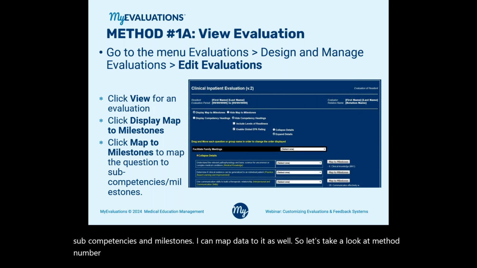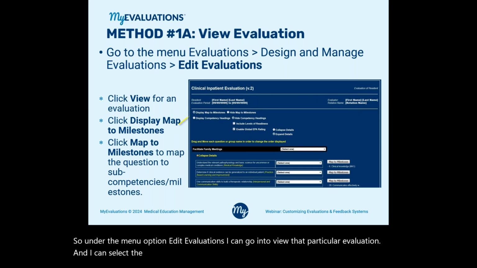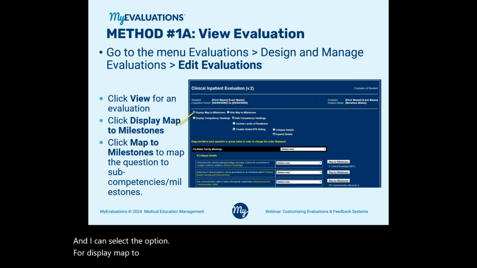I call this method 1A because there's a cousin to this as well. Under the menu option, edit evaluations, I can go into view that particular evaluation, and I can select the option for display map to milestones, and it will provide me with a map to milestones option.